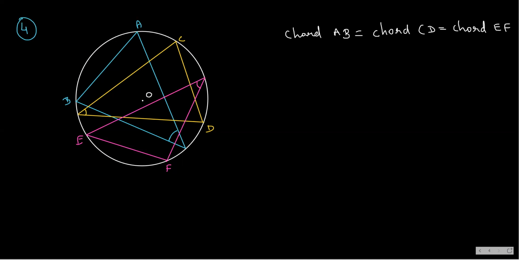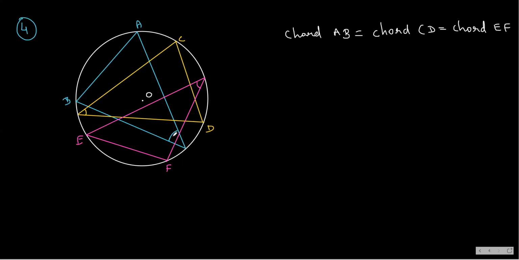Now, what is important here, students, try to understand that since these chords are equal, so the angle subtended by these chords at any point on the circle will also be equal. That is important. Chord AB equals to chord CD equals to chord EF. So what is the angle subtended by chord AB?